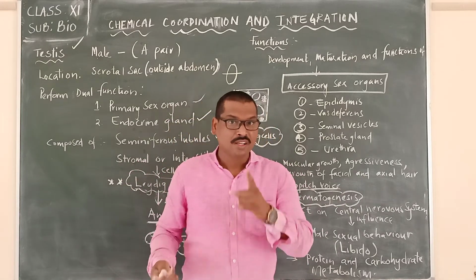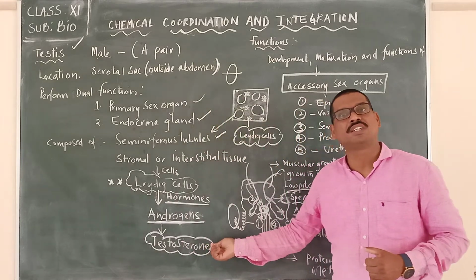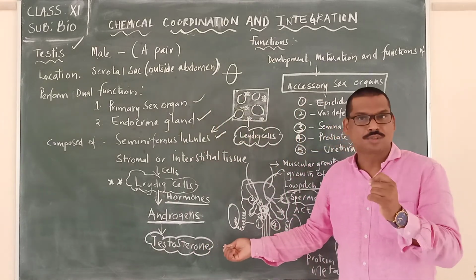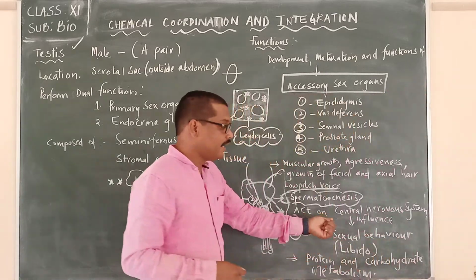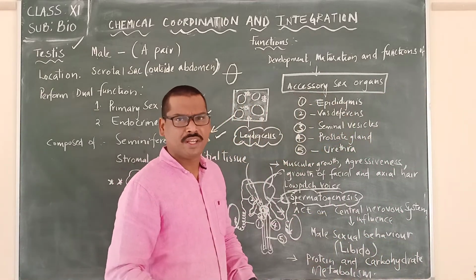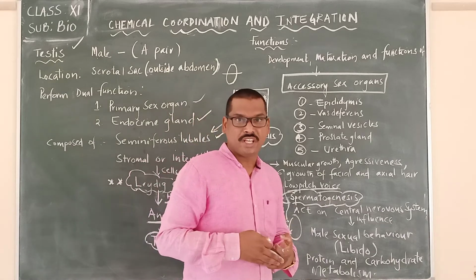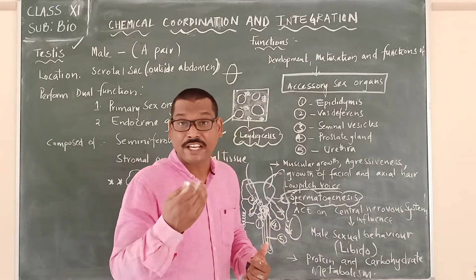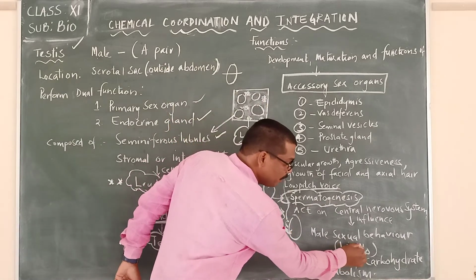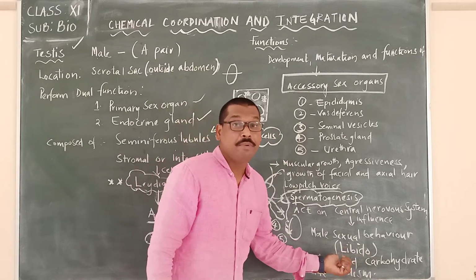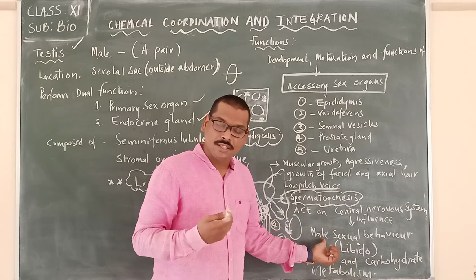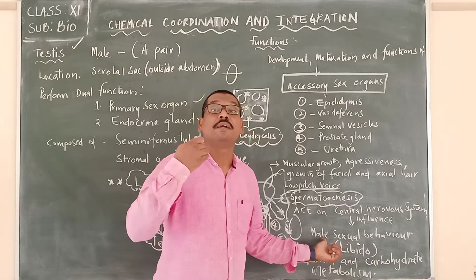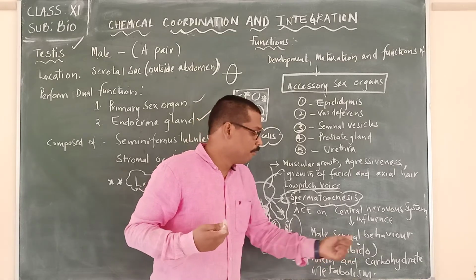It's because of more secretion of testosterone, which also acts upon the central nervous system and influences their sexual behavior. That change in sexual behavior we call libido. Please remember this word, libido. Libido means change in the sexual behavior of the males.